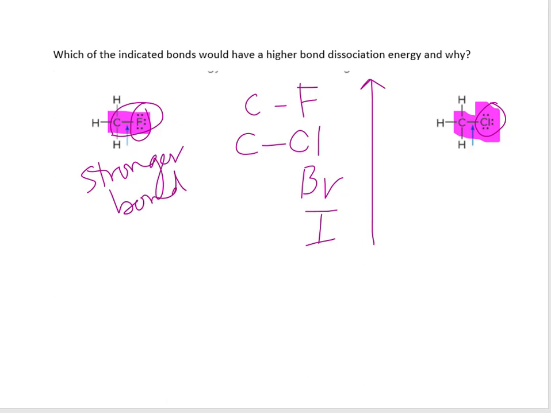because fluorine is smaller than chlorine, so it makes it more electronegative. Those protons are more attracted, they're closer to the other electrons, and the chlorine is further away. If you think, fluorine has two shells of electrons, and chlorine, it's in my third period, so it's further away, it's got more distance, and so that attraction is weaker.